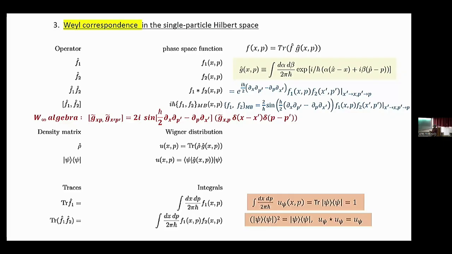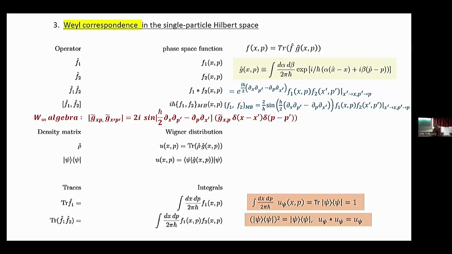This is rather easy to derive. And then you can show that the operator product goes to a star product defined already, and the commutator of operators becomes the Moyal bracket, which is given as before.